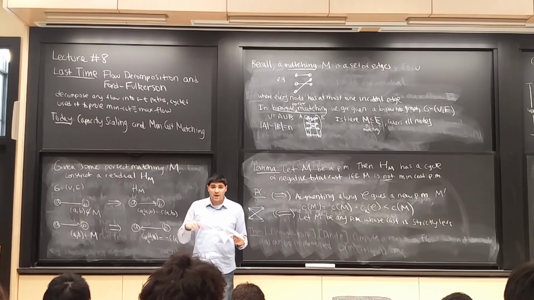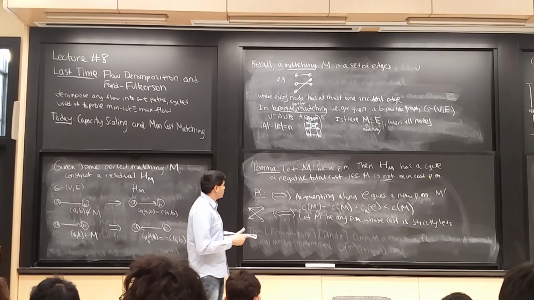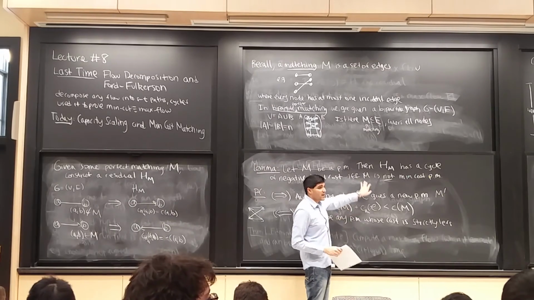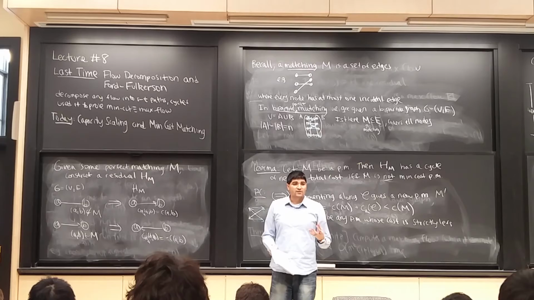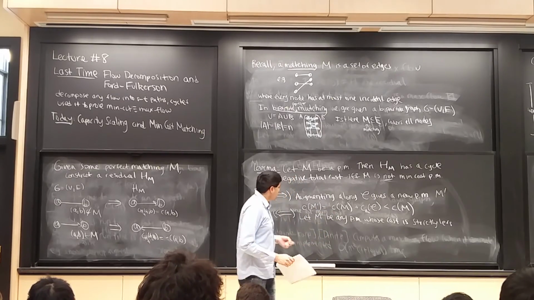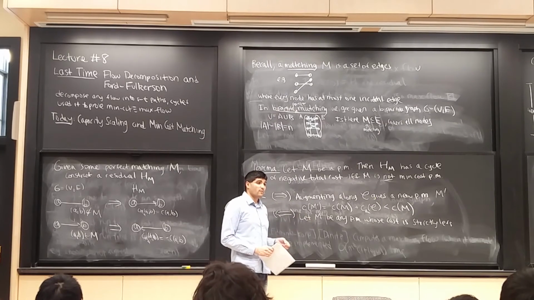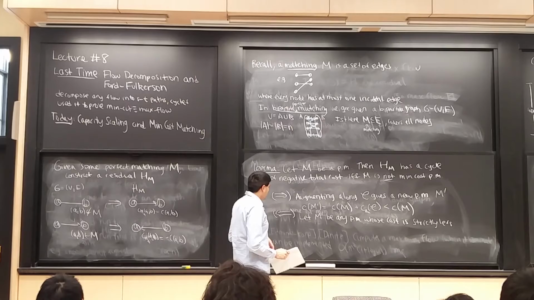Now we're going to prove the other direction: if there actually is a better perfect matching, it implies that there is some way to make progress through a negative cost cycle. So we start off with M prime, and we let it be not necessarily the optimal perfect matching, the one of min cost. We let it be any perfect matching whose cost is strictly less.